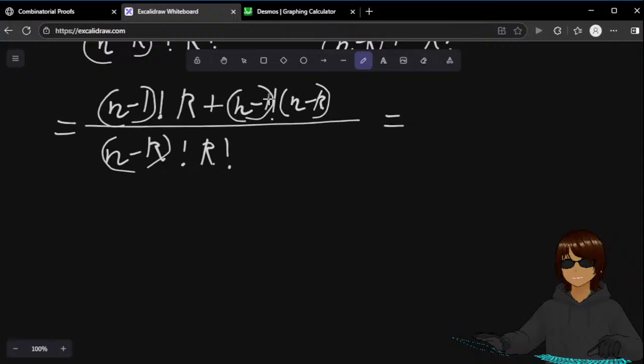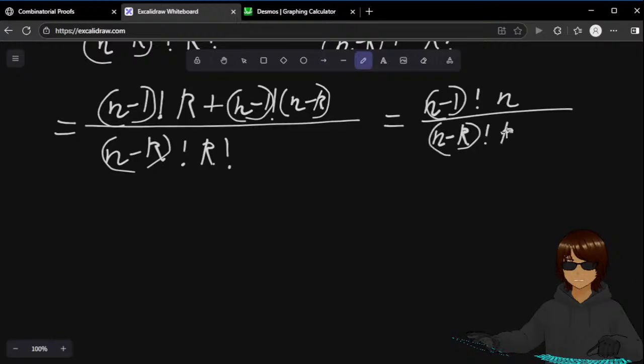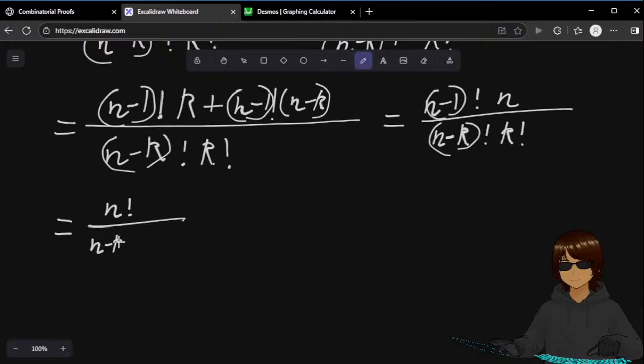And then we can take n minus 1 factorial out. k plus n minus k is n. And this is just n factorial, which proves our point, which is equal to n choose k.